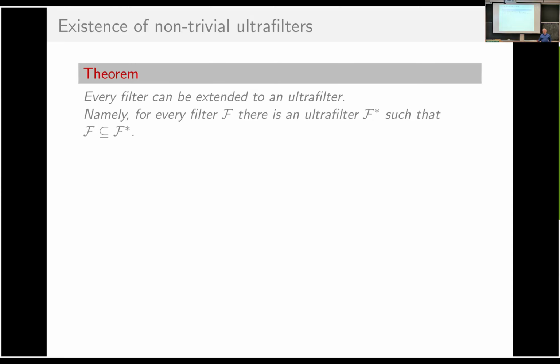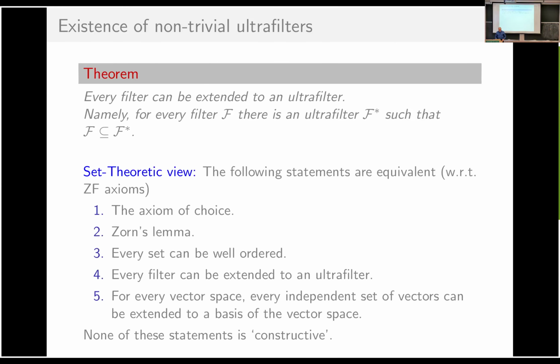And that should remind you of theorems like every independent set of a vector space can be extended to a maximal independent set, that every two disjoint convex sets can be extended to maximal disjoint convex sets, and so on. So indeed, this theorem is equivalent to all of those things.